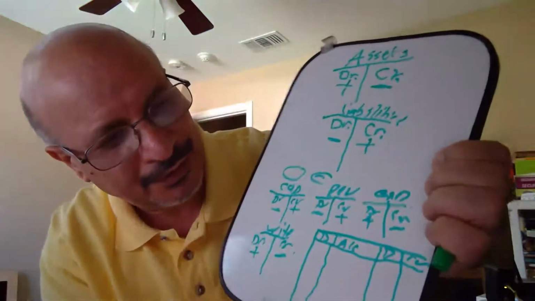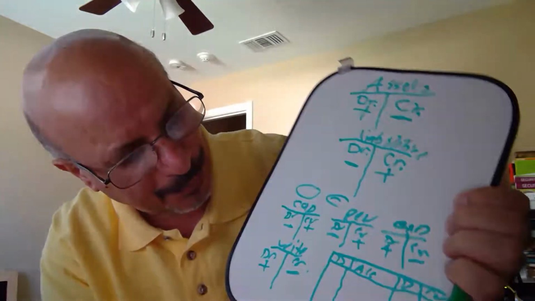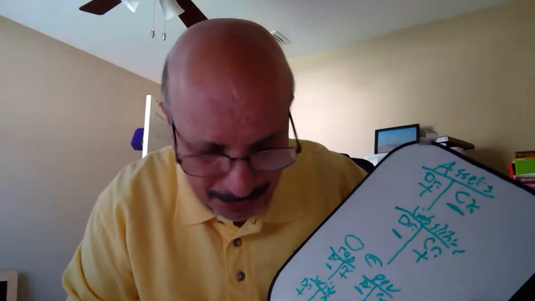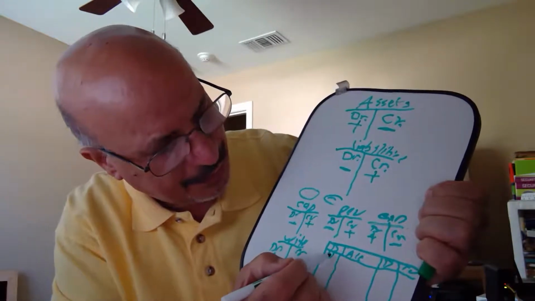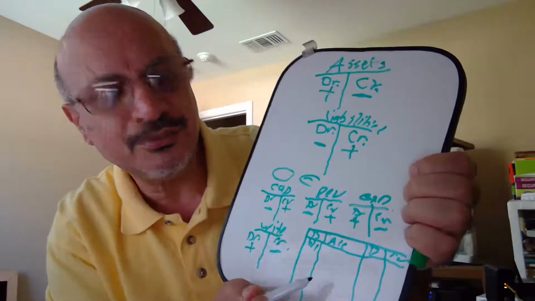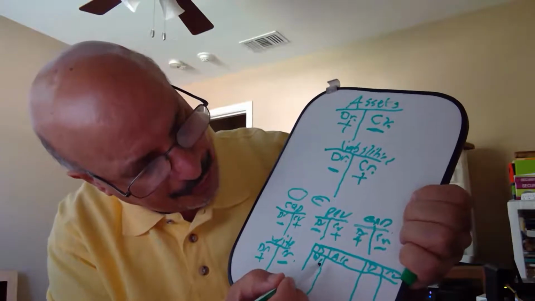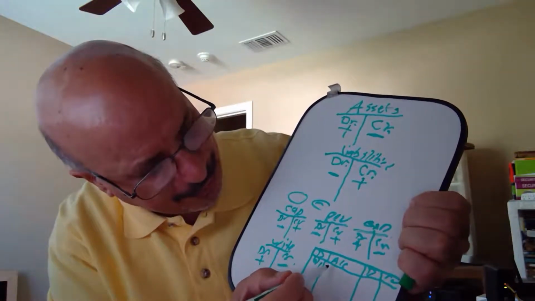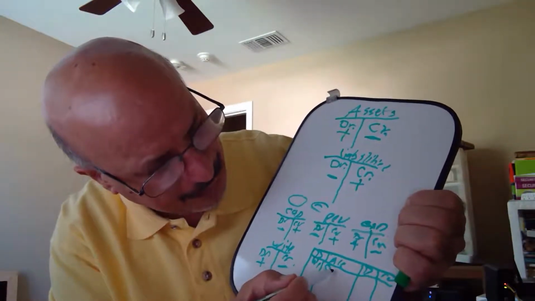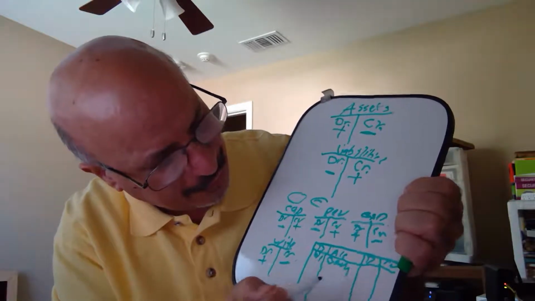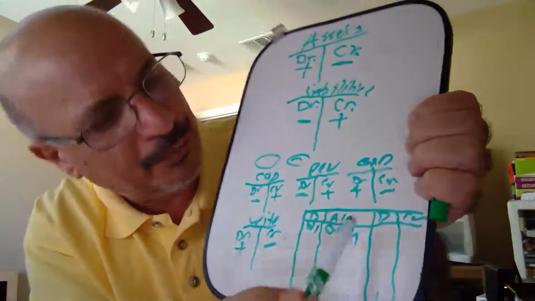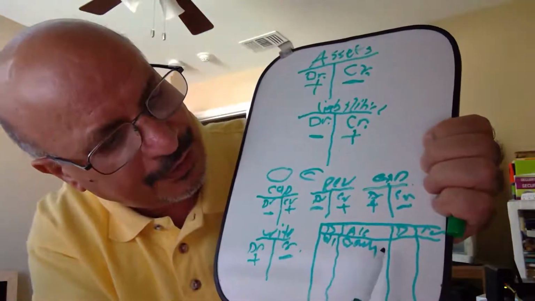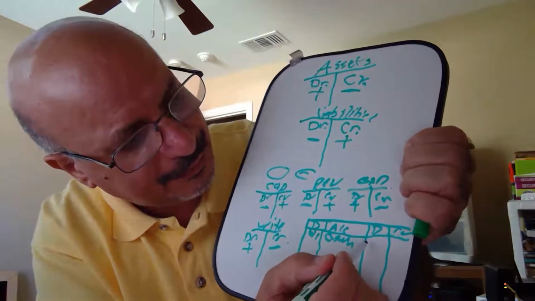Very small journal page. So on June 1st, I'm going to debit the cash. So I put the cash over here. And where should I put 20,000? Should I put it under debit or credit? I'll put it under debit.